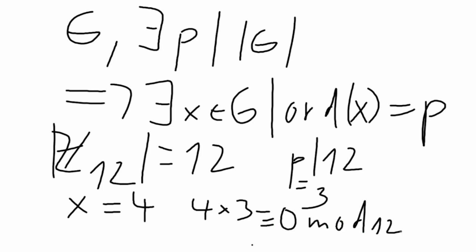Because that's the operation. It's not just addition, but it's taking the remainder after dividing by 12 after we've added 2 elements in this group. That's the operation of it.